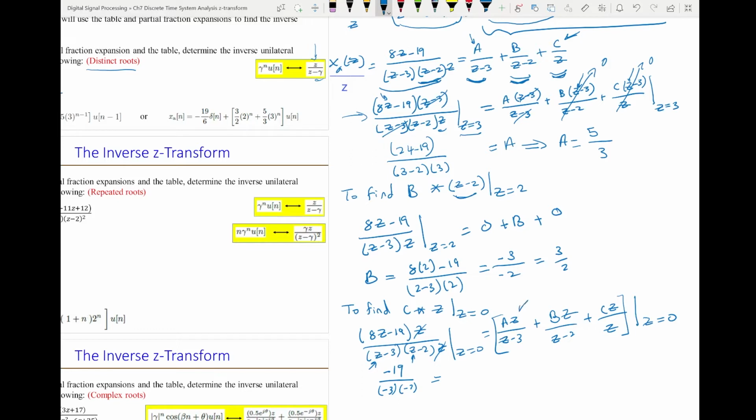You plug in z equal 0, that will be 0. Same thing here, 0. And this will cancel, and I will have here C. And from here, C equal. So I found all these constants.